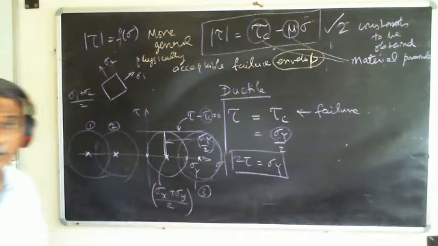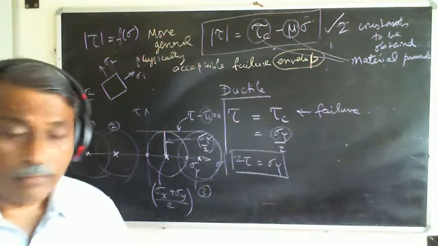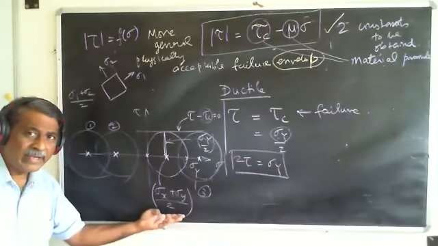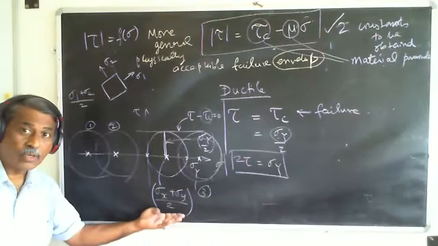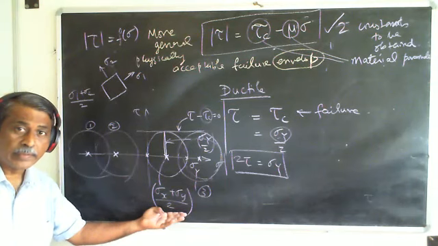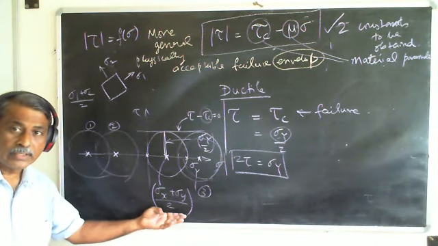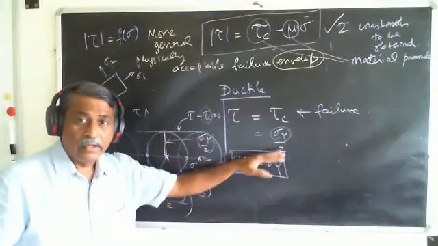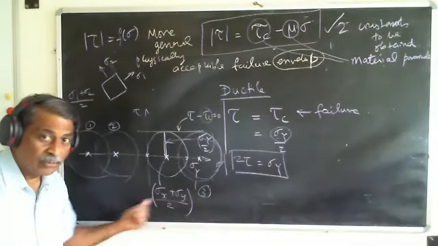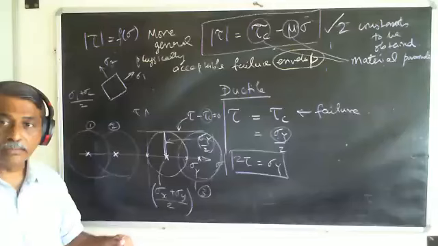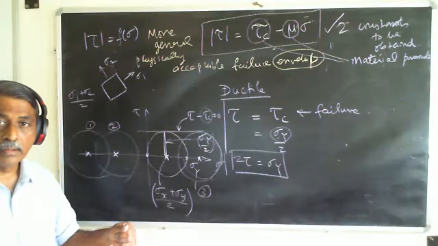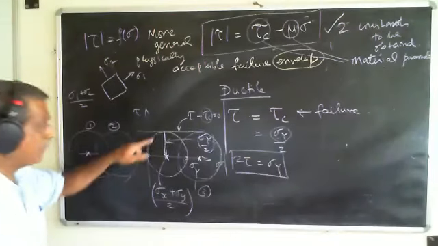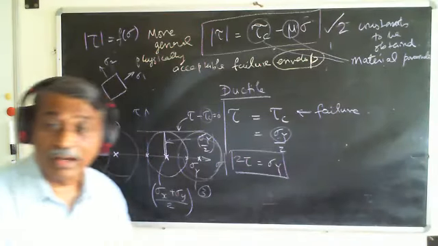Correct? Or, in other words, any ductile material seems to be independent of this quantity, sigma x plus sigma y by 2. Are you able to understand? Immaterial of this value, the failure is completely dependent on the radius of the Mohr circle only.